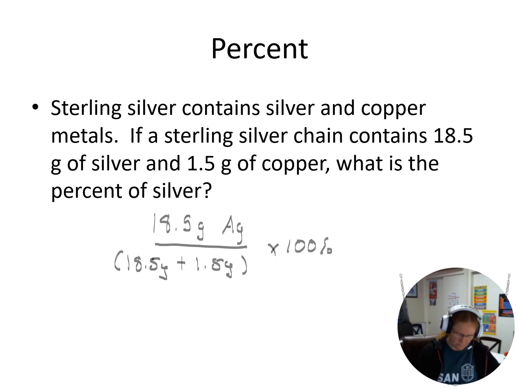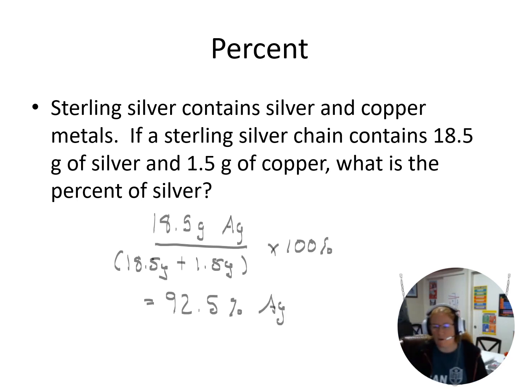When we do this, we are going to get 92.5%. In fact, if you want to make sure that your silver is actually genuine sterling silver, it should be stamped somewhere on it, either 92.5 or 0.925, which is just the 92.5 converted to decimal.